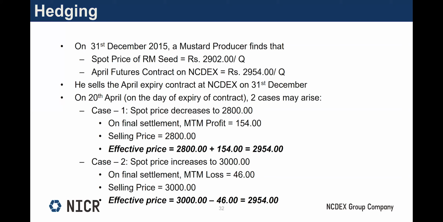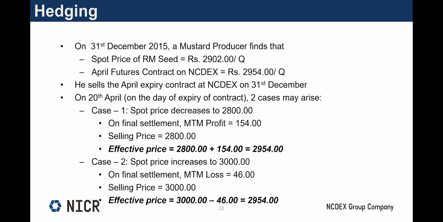By the time the contract expiry happens, we are now in the month of April. There are two scenarios which can happen. Either because of higher production or maybe some other challenges, spot prices might decrease. There could be good weather, good crop. The spot price has gone down to 2800, and he has to go to the physical market and sell his crop at 2800.